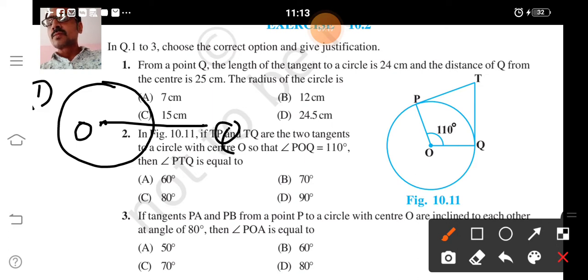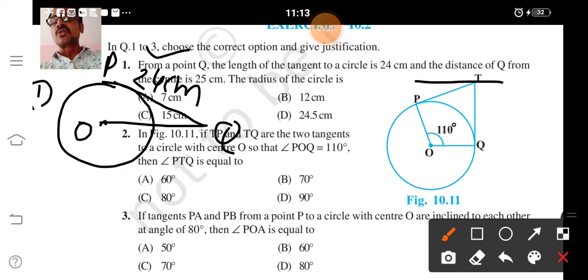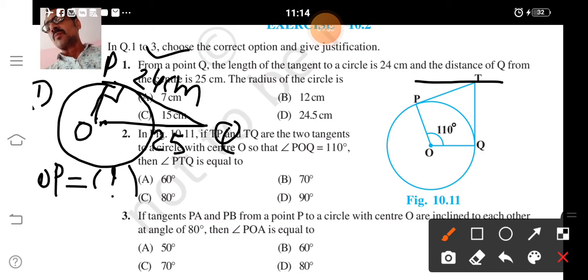From Q, this tangent I have drawn, tangent PQ, so its length is 24 centimeter, and the distance of Q from the center is 25. We want the radius, that means we want OP. We know very well that the radius always forms perpendicular to the tangent. OP we want. Simple, here we can apply Pythagoras.